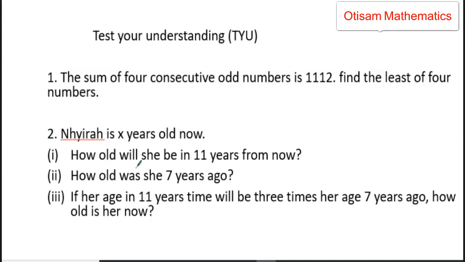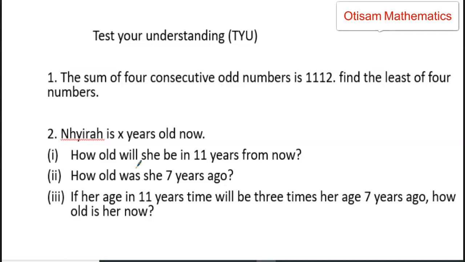1. The sum of 4 consecutive odd numbers is 1112. Find the least of the 4 numbers. The second one.